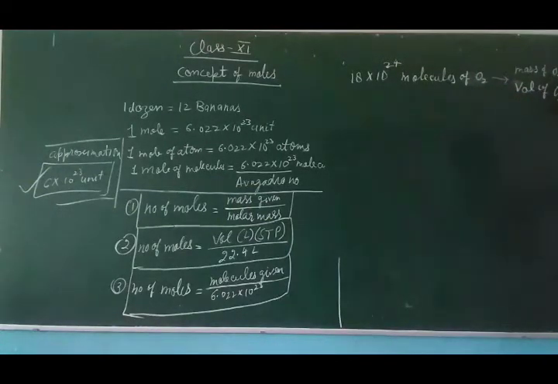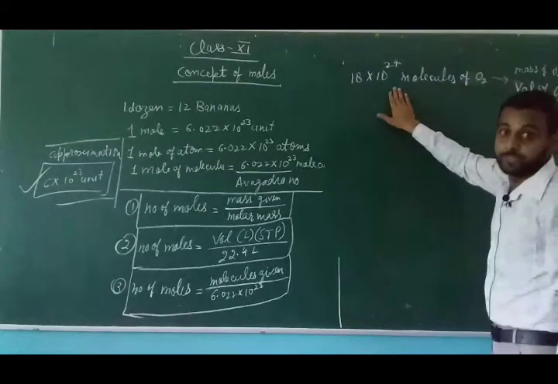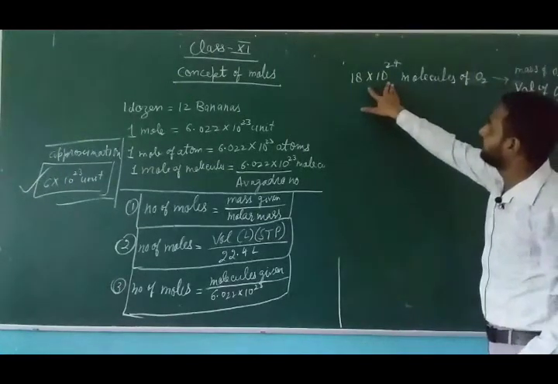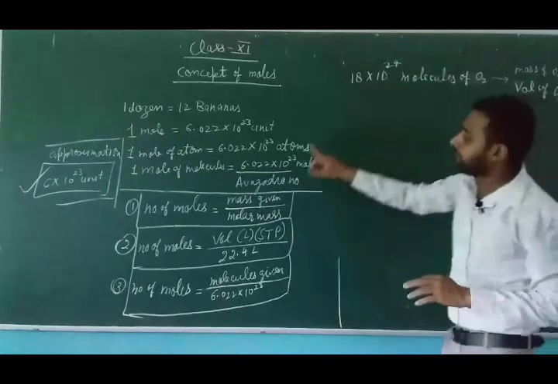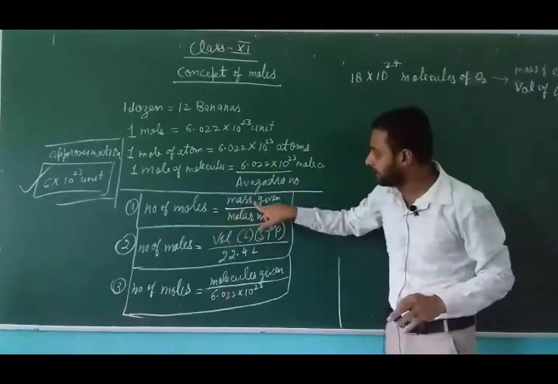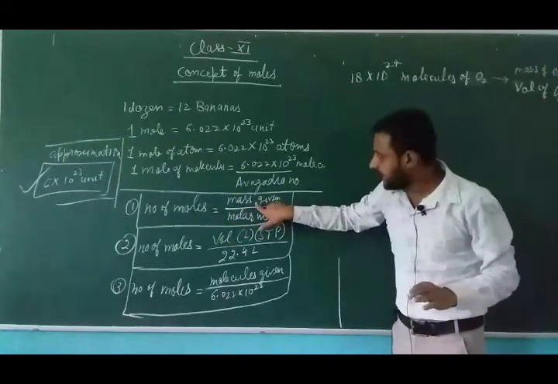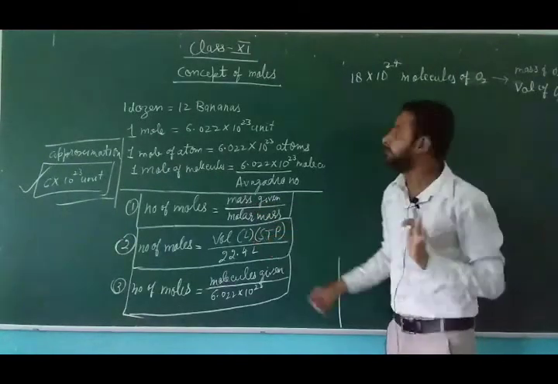Very much interesting question it is. So how can we find out the mass and volume? Firstly, we have to convert 18 into 10 to the power 24 molecules into moles, and with the help of moles we can calculate the mass and volume of oxygen.